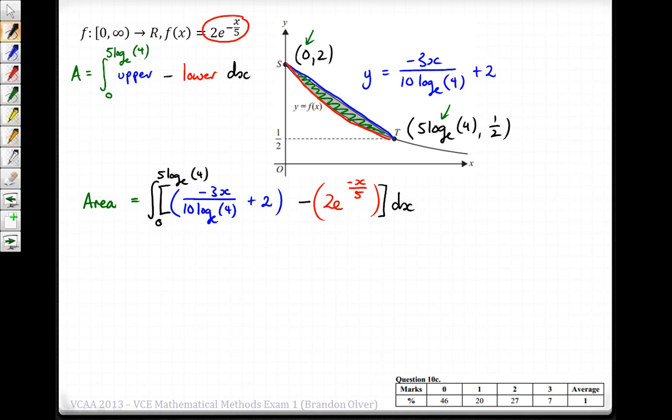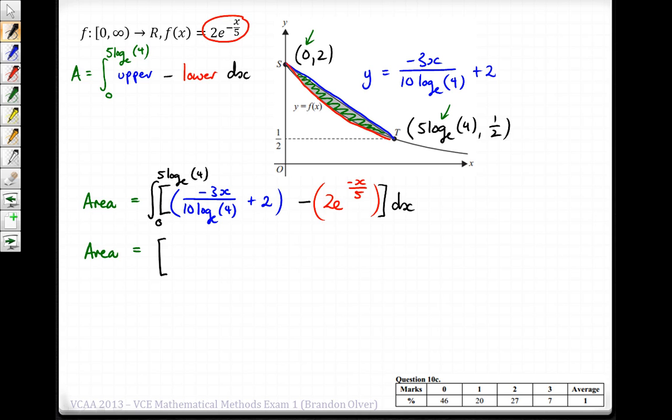So in order to do that, we need to find the integration of the blue part and the red part. So we know that the area, the green area that we're looking for, is equal to, so if we anti-differentiate this, we get minus 3x squared divided by 10 log e of 4, and then we halve that because of the new power we've introduced.